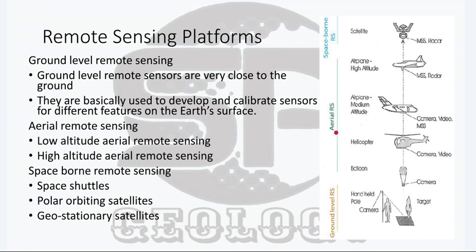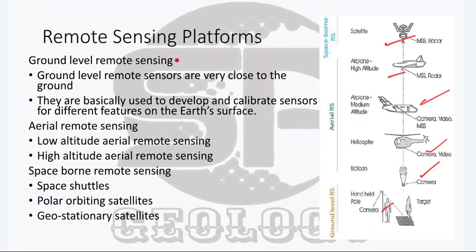So remote sensing platforms: basically the sensors are mounted in the platforms. They can be mounted in a balloon, in a helicopter, in an aeroplane, in an airplane with high altitude, and in a satellite.